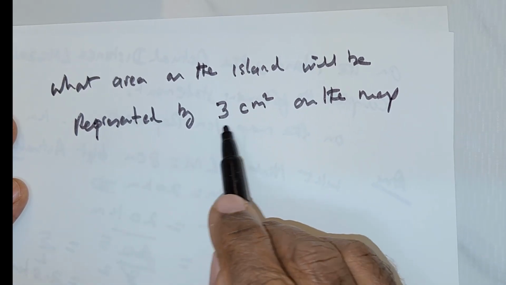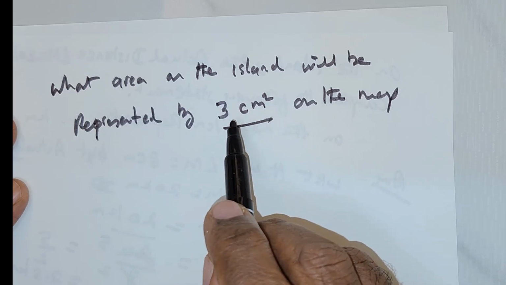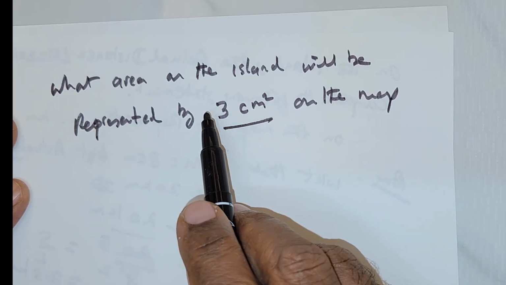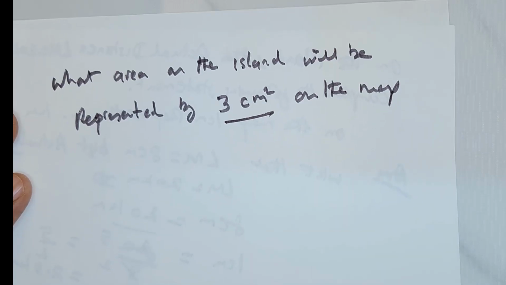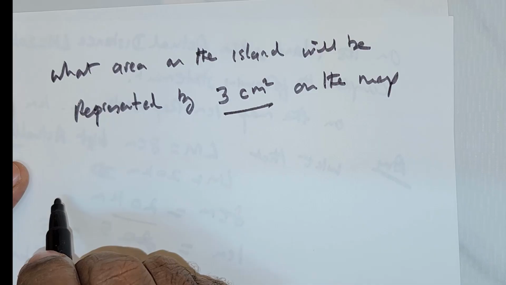So what they're asking is, if you are representing an area by 3 cm squared, in the real world, what would that area look like, or that area be equivalent to?